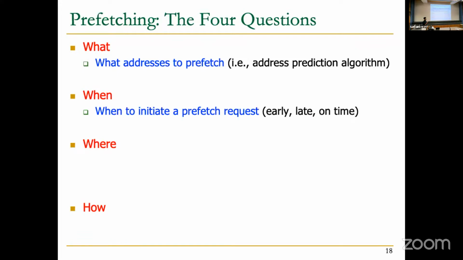The when part of the story says when you want to initiate a prefetch request. To give an example with the music analogy, your current song is not finished yet, but you want to prefetch the next song. So when exactly is the correct time to start prefetching? Do you wait until the last few seconds of the song remain, or the last minute, or the last second? As you can guess, that might depend on what type of data network you are on.